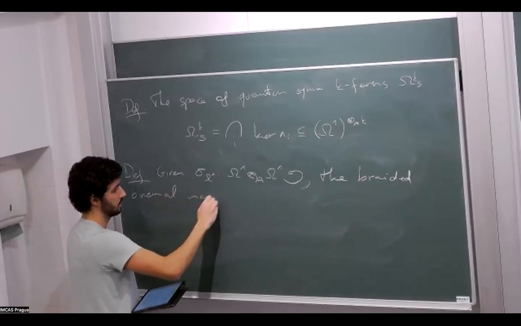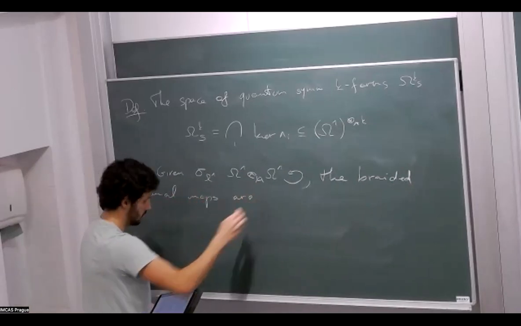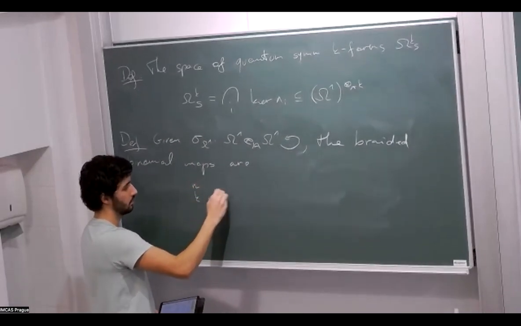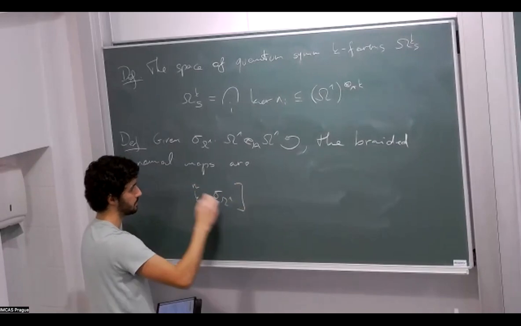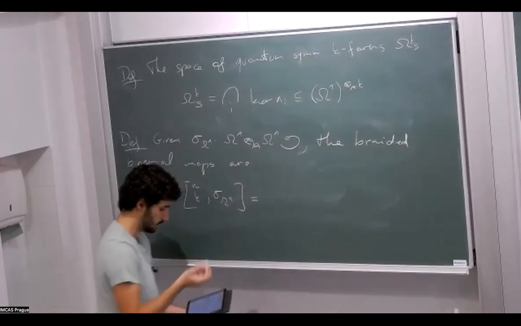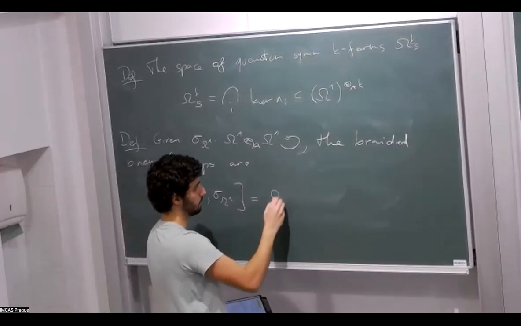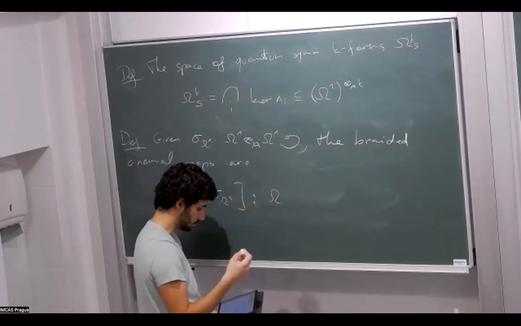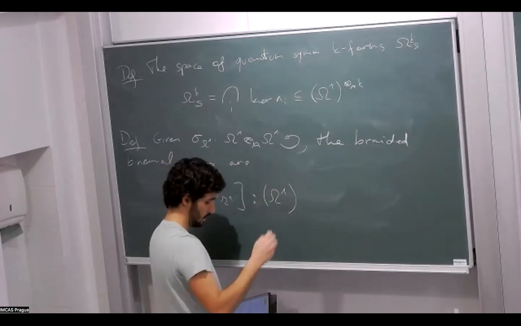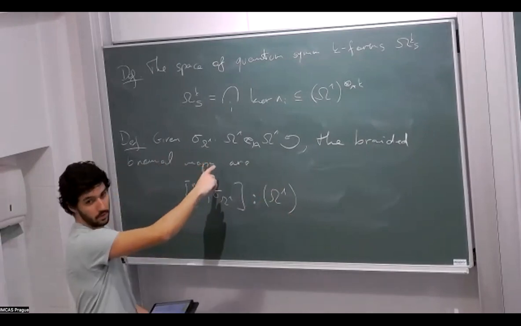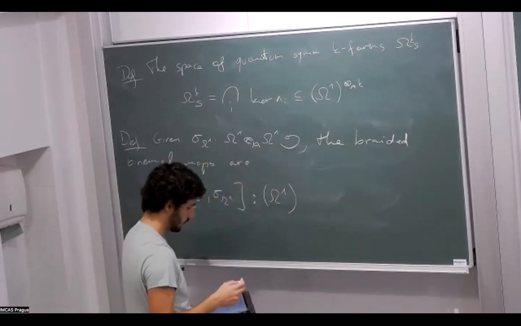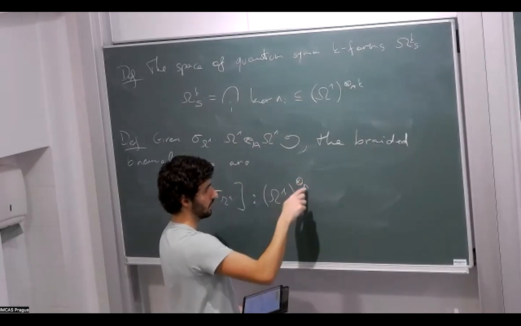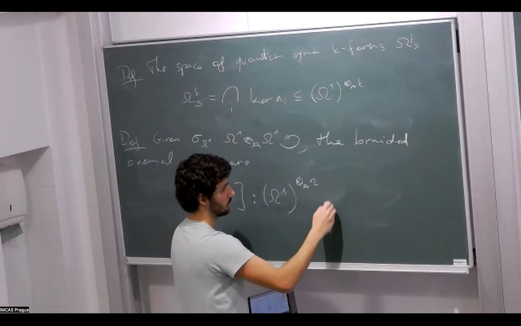We write these as n over k with respect to sigma, and we can define them in various recursive ways. But the idea is that given this map sigma that basically swaps omega 1 with omega 1, we can build these maps that go from omega 1 to the n to itself.